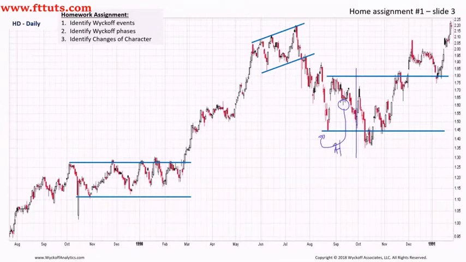But let's just go with this labeling, phase A. So then the next test, which is the second test, happens in phase B. And then the next test, somewhere in this area, number 3, that seems to be phase C.